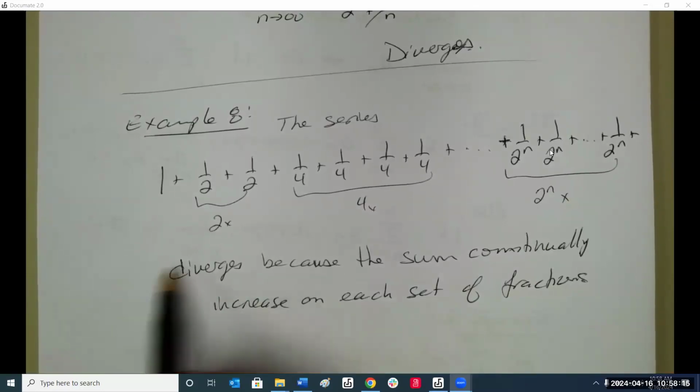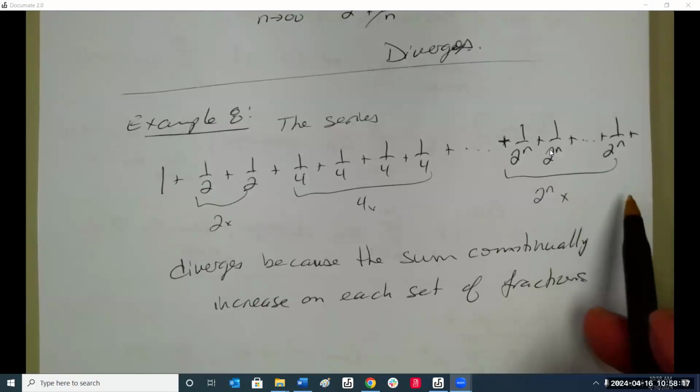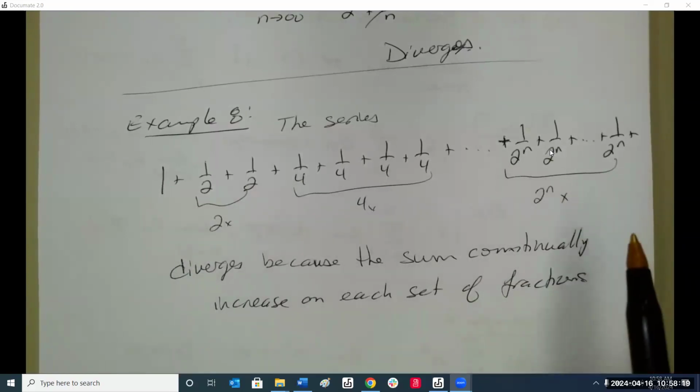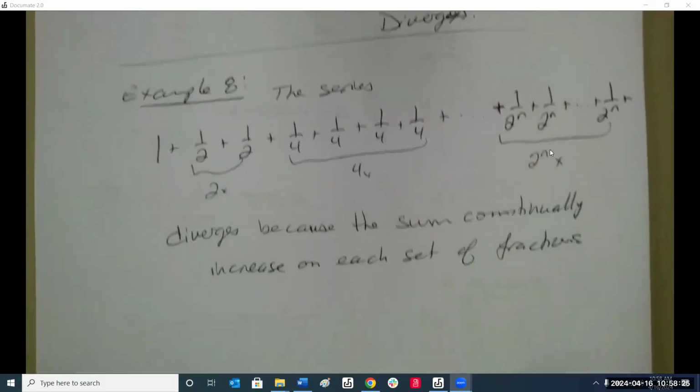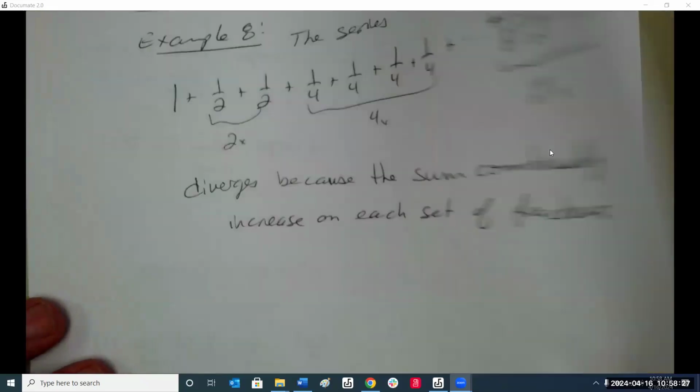So the terms don't equal 0, it doesn't reach a finite number, it keeps on increasing. As those keep on increasing, it reaches infinity and therefore it can't get any further. It diverges.